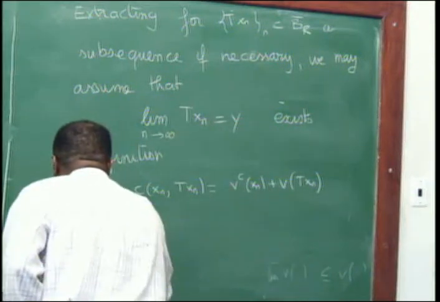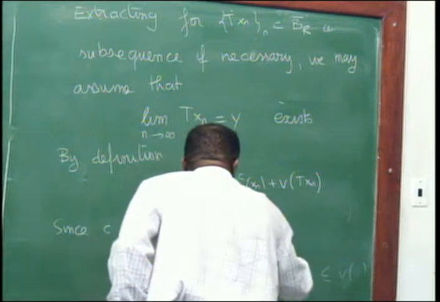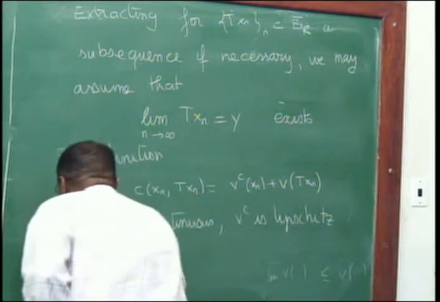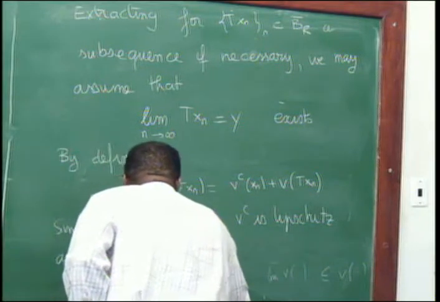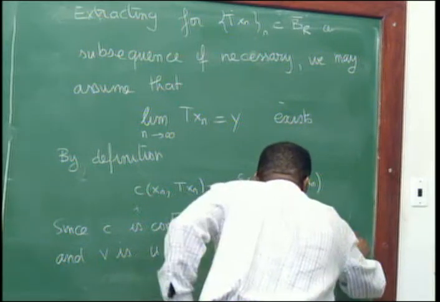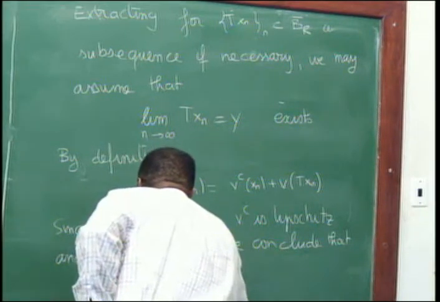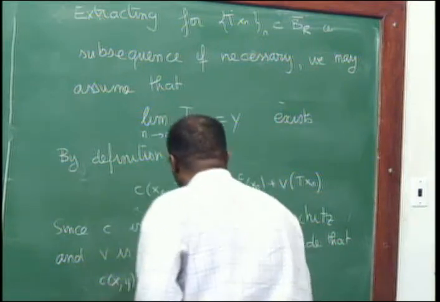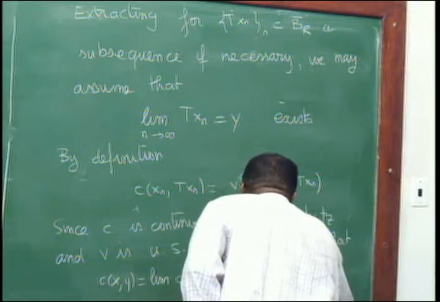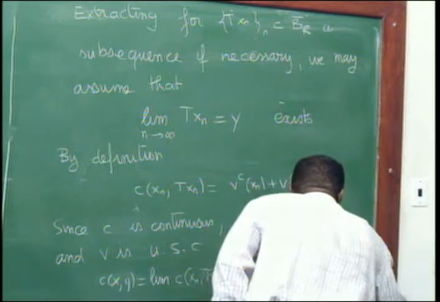So, since C is continuous, Vc is Lipschitz, and V is upper semi-continuous, we conclude that C of x, y is the limit of C of S_n, T of S_n, which is the limit of Vc of S_n plus V of T of S_n.